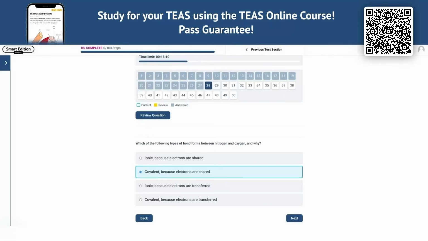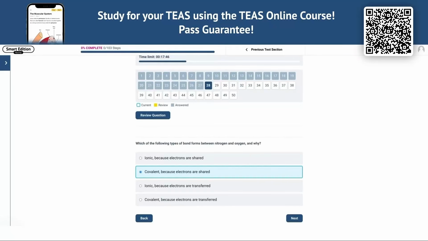They both have similar electronegativity, the ability to attract electrons, so they share electrons rather than transferring them. And lastly, a covalent bond, because electrons are transferred. We've sort of talked about this, but this is incorrect, because in a covalent bond, electrons are shared, not transferred. So when electrons are shared, it forms a covalent bond.